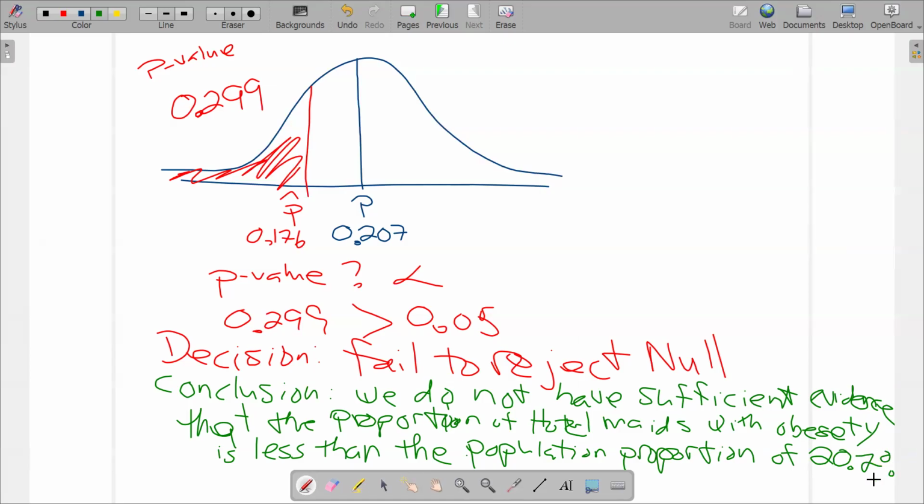So I don't have evidence that it's significantly less, there we go, than 20.7%.